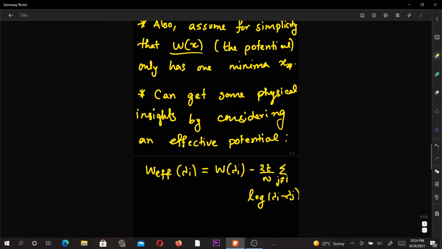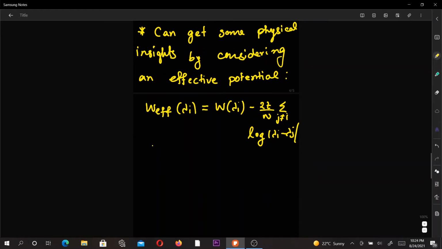how did we get this effective potential term? It's just, if you remember the equation, from the equation, we took the 2t to that side and subtracted that.